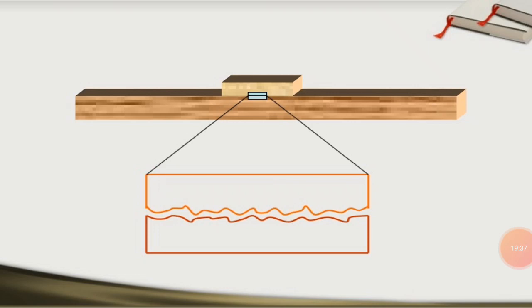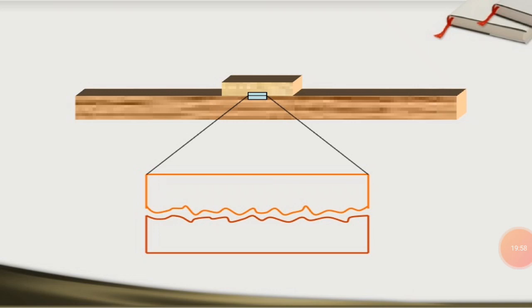And we know that no surface is perfectly smooth. It appears smooth to us with our naked eyes, but when we observe it with a microscope, we will see that some minute irregularities are present. So we can't say that any surface is perfectly smooth.